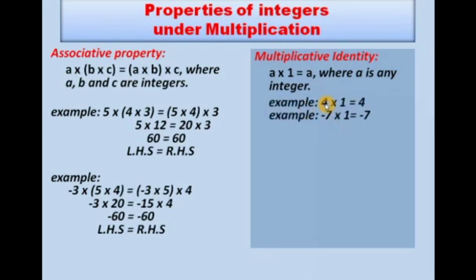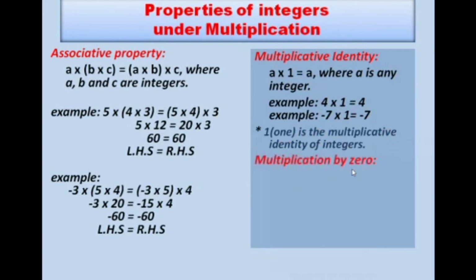Example, integer 4 multiplied with 1, we get the value of that integer. Integer minus 7 multiplied with 1, and we get the value of the same integer, minus 7. Here the number 1 is the multiplicative identity of integers.